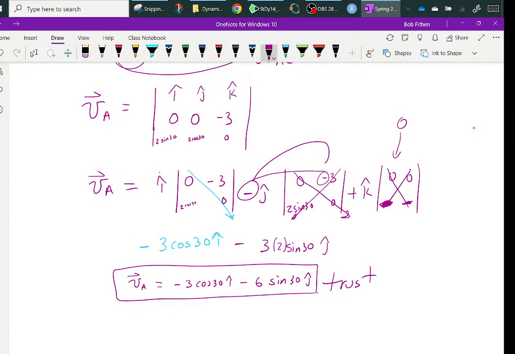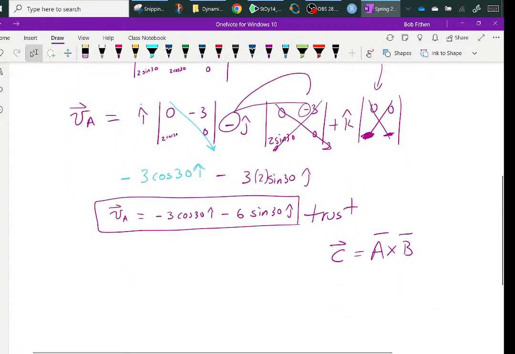And so one of the things is, we talked about this before, some vector C that was generated from A cross B, just any old combination.